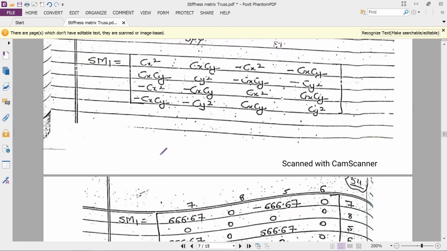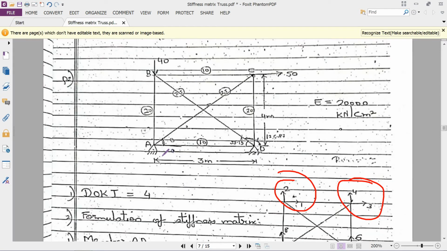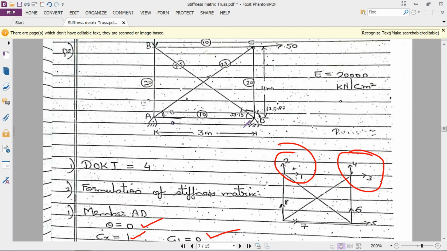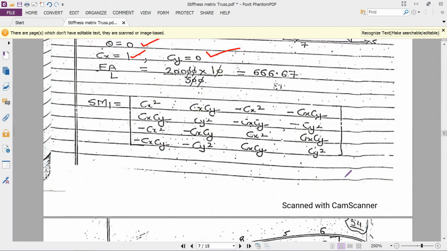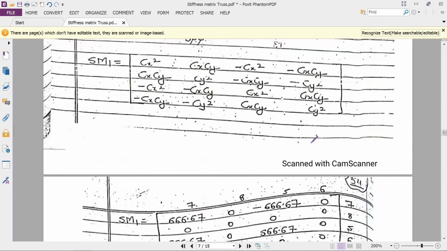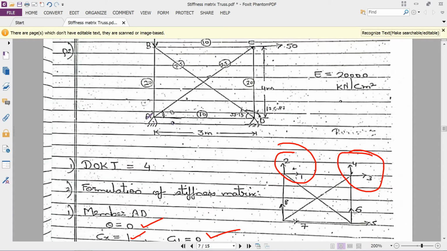First of all we have to see where this AD will form, on which coordinates the member AD will form. It will be formed at 7 8 5 6. We have to write carefully here 7 8 5 6, not 5 6 7 8, because we have considered the member AD, not DA.